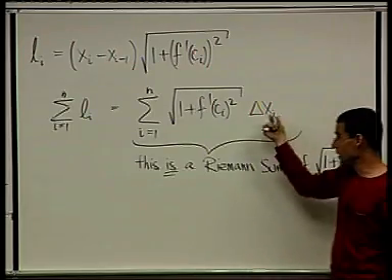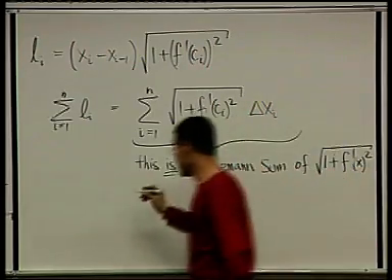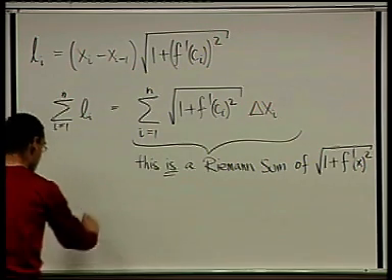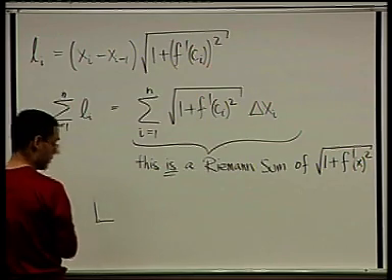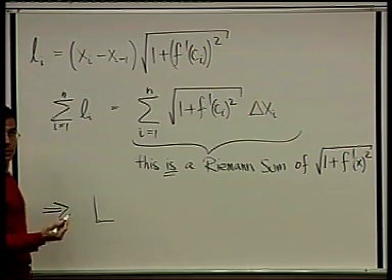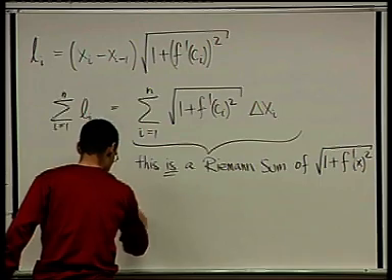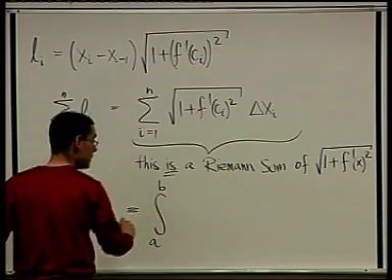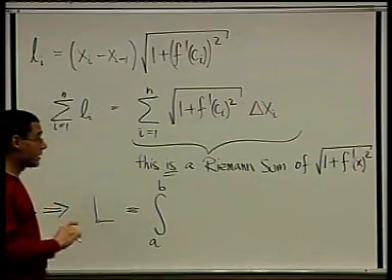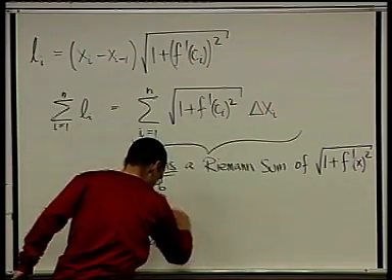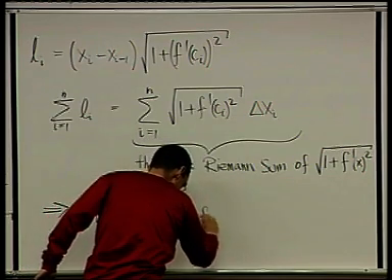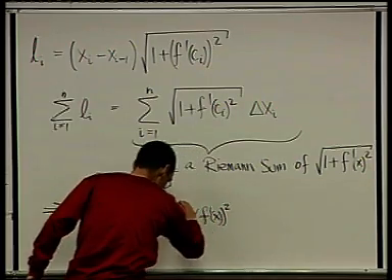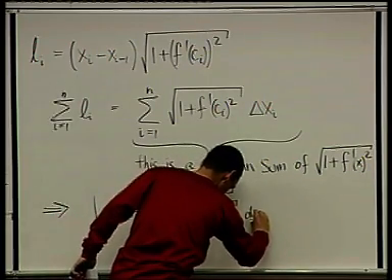As we take the delta xi smaller, they converge to, and this is the bottom line of this thing, L, which is the length of the curve, the limit of the broken curves, equals the integral from a to b, not of f of x dx, but of this thing, root 1 plus f prime of x squared dx.